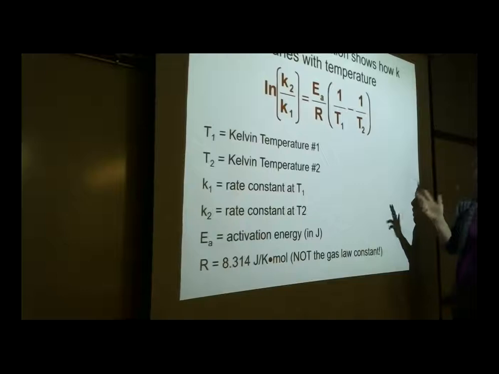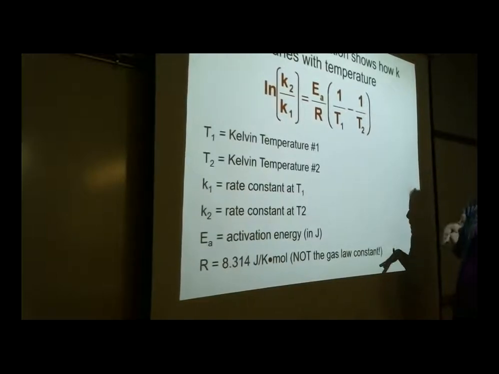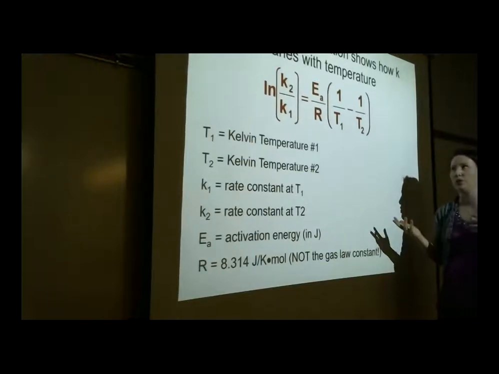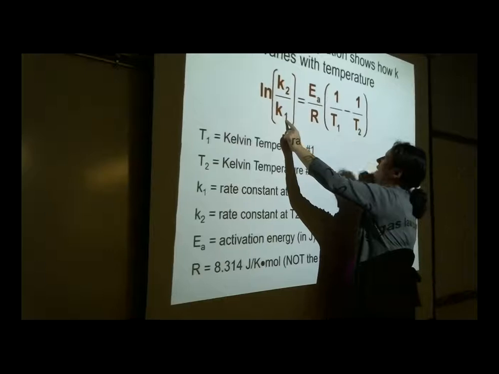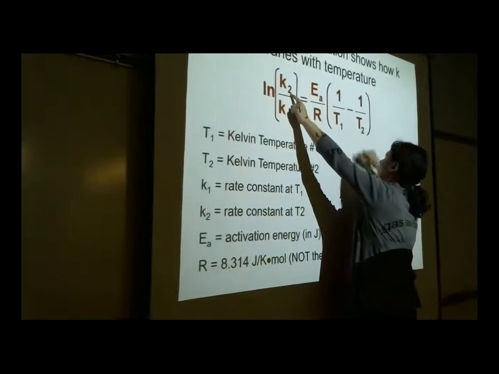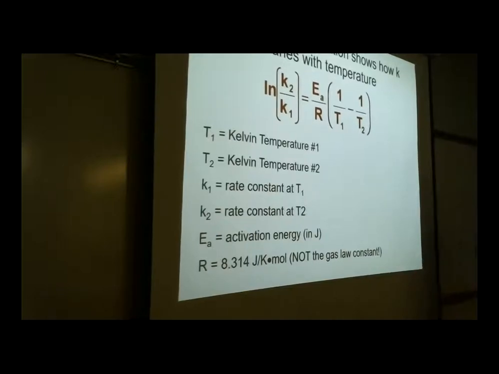Okay, and 1 and 2 are not relevant. It doesn't matter which one you assign as T1, which one you assign as T2, so long as the K value goes with it, right? So K1 needs to go with T1, and K2 needs to go with T2. So it's not like this is a final minus initial thing.